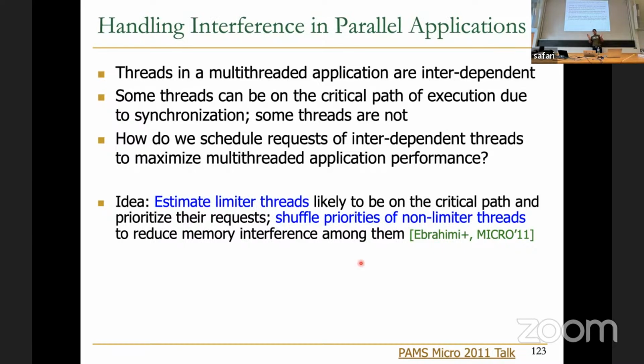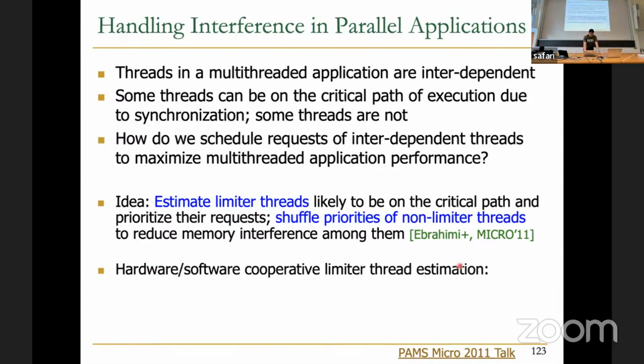And that will reduce the time B takes to get to the barrier. And by doing that, we have reduced the overall time other threads spend idle. And then for non-limiter threads, those are A and C in the previous picture, you can just shuffle priorities to reduce interference among them.